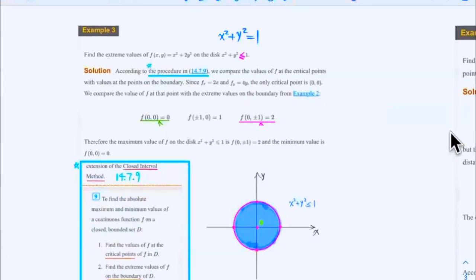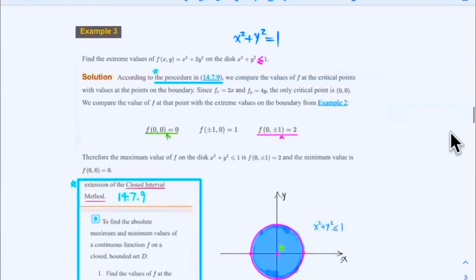Now all we have to do here is find the critical points inside, and then we evaluate the function value at those critical points. How do we find critical points? Do you remember? We take partial derivatives and set them equal to 0, right? So let's take partial derivatives of this function.